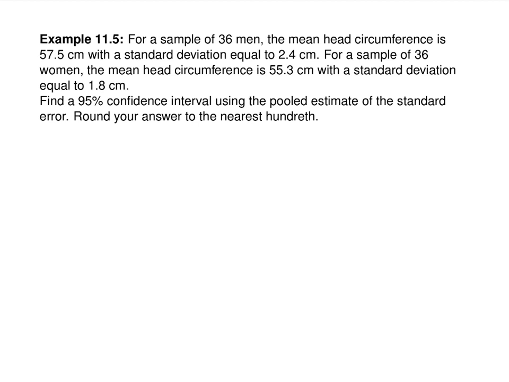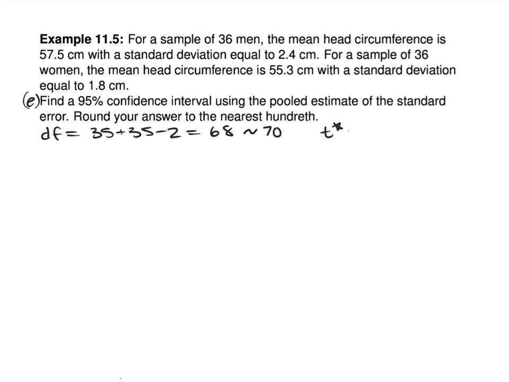Find a 95% confidence interval using the pooled estimate. The nice thing about pooling those estimates is it gets you a bigger degrees of freedom, which gets you a smaller multiplier. Here, the degrees of freedom is 35 plus 35 minus 2, which is 68. And 68 isn't on my table, so I'm just going to say that's about equal to 70.